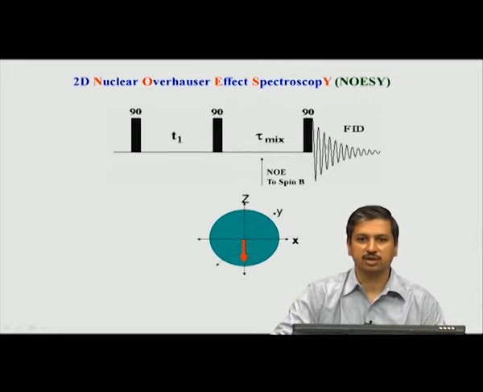This chemical shift starts evolving, and that is captured by the detector, and that is known as an FID. So, basically what has happened is we started from one spin A, we allowed the frequency of the spin A to evolve.